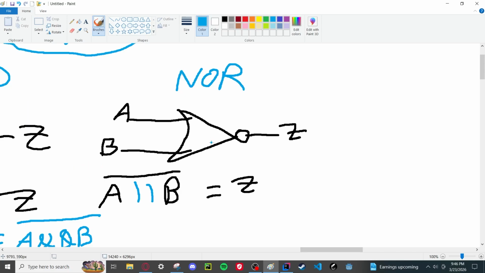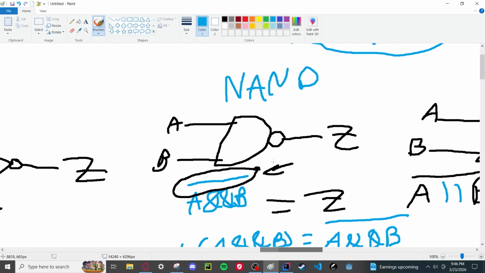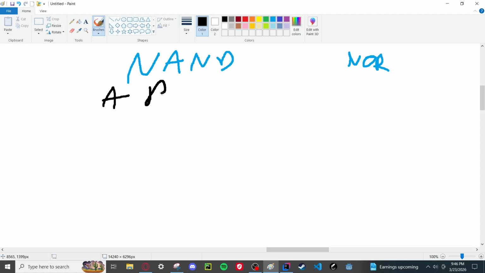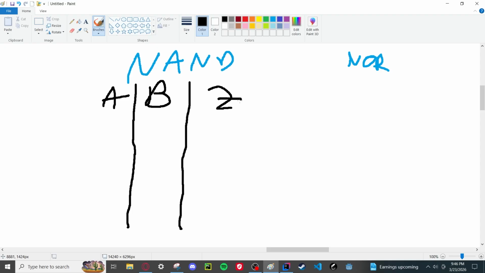Okay? Now if we look at the truth tables for NAND and NOR, so I'll draw NAND here and NOR here, you'll see they're very similar, or pretty much they're directly based off of the AND and OR tables. So we'll have A, B, Z. If this was a normal AND, let's say 0, 0, 0, 1, 1, 0, 1, 1, the output would be 0, 0, 0, 1.